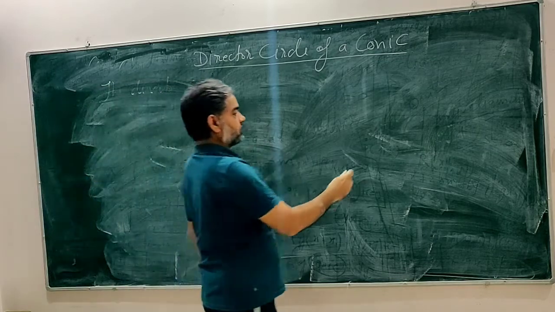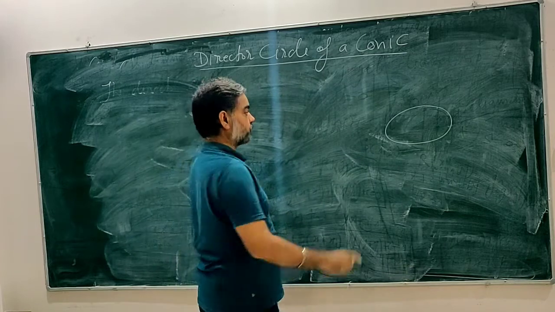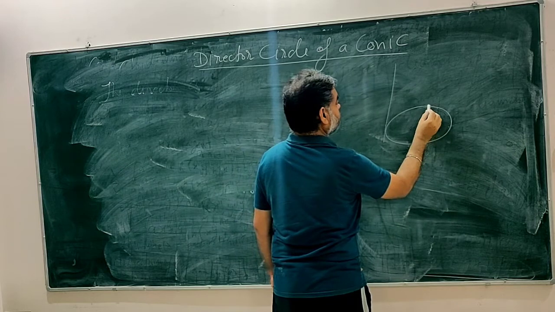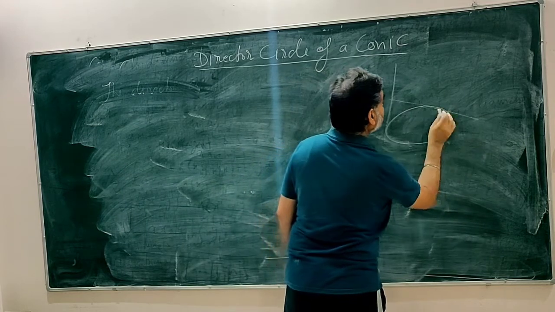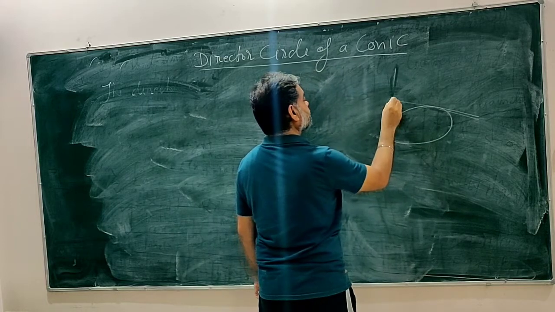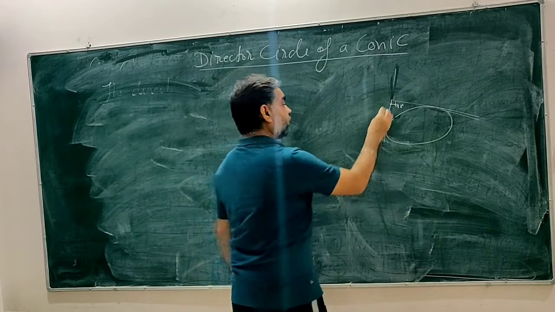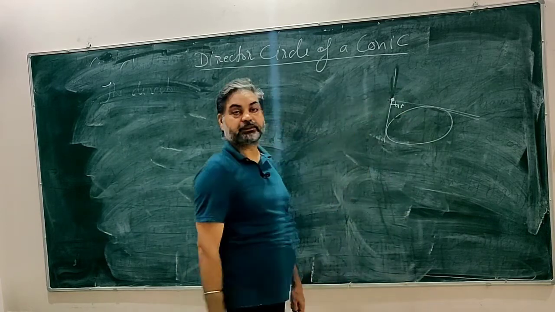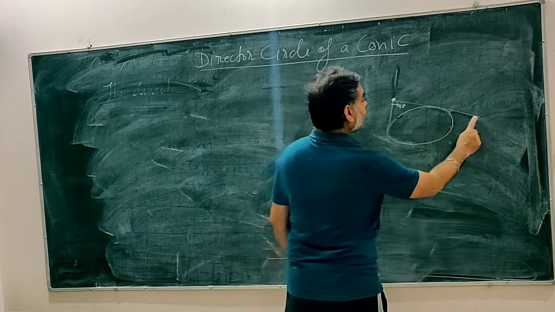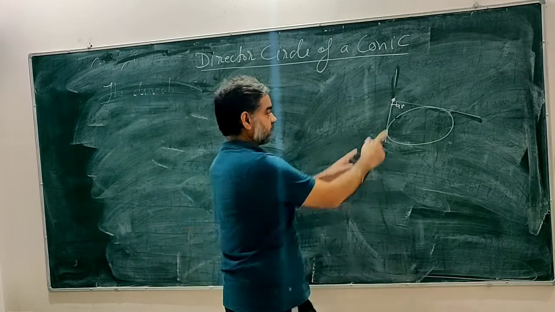Let me explain with the figure. Suppose you have a conic here, and you draw two tangents to this conic which are perpendicular to each other. The path of the point of intersection of all such tangents is called the director circle. This is one pair of tangents.